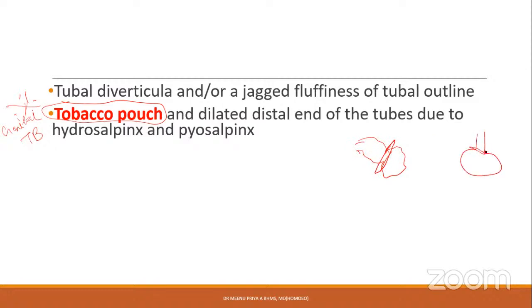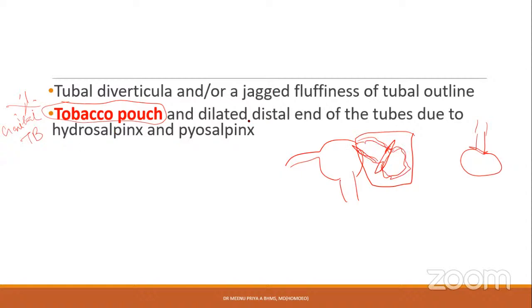So the fallopian tube will look like that, like a tobacco pouch. That is why it is a frequently asked question. Tobacco pouch is seen in which condition?